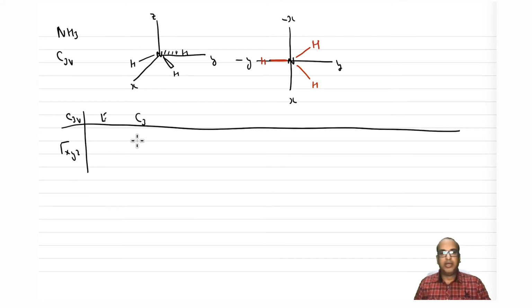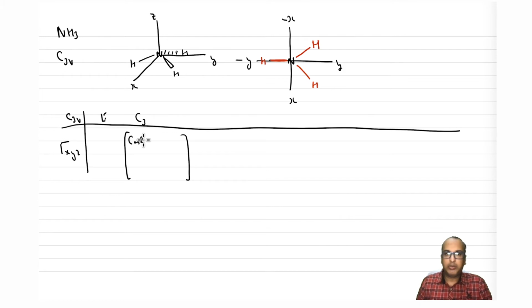Okay. So C3 in this case will still be okay because C3 is lying along the Z axis, right? So C3 will still go with the same formula, just that the angle will change. So in this case it will be 2 pi by 3.